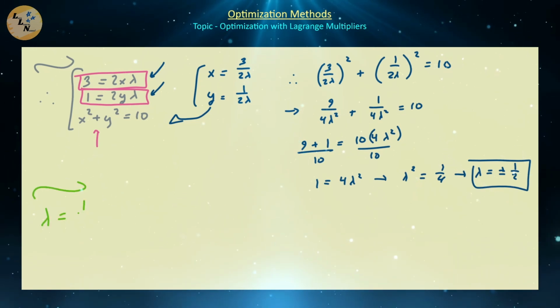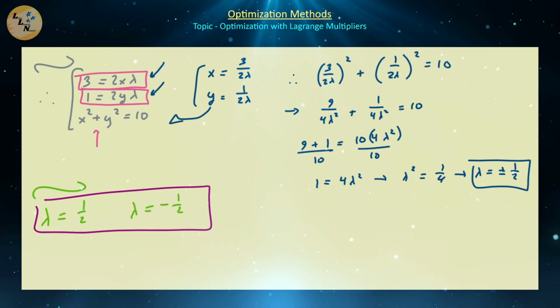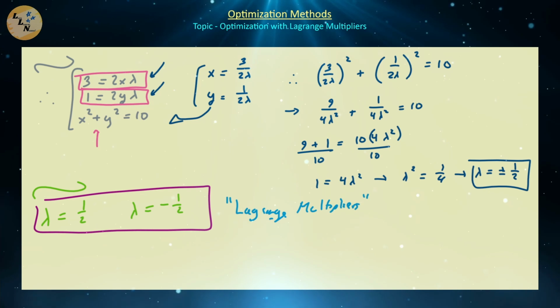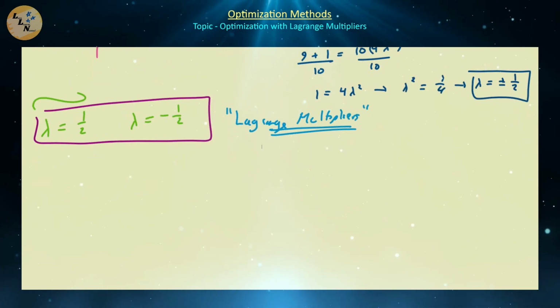So lambda is equal to 1/2, and lambda is equal to negative 1/2. These are referred to as the Lagrange multipliers. Those help us find the location of the optimal values of f.